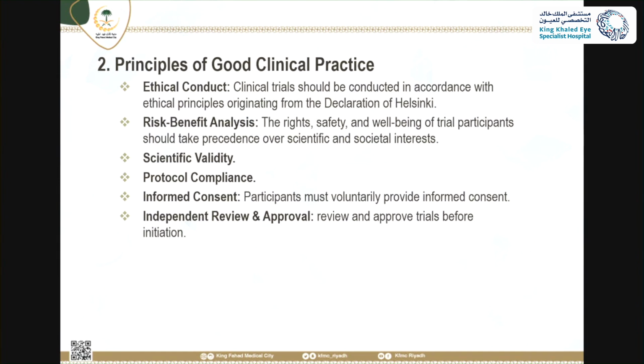So the first principle addresses that clinical trials should be conducted in accordance with the GCB guidelines. That means all the technical and quality standards within the GCB should be followed without deviation or violation. Also, it should be in compliance with the Declaration of Helsinki and the applicable regulatory requirements.